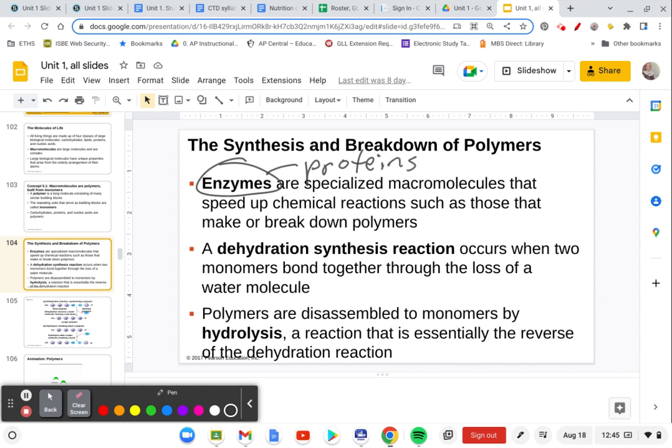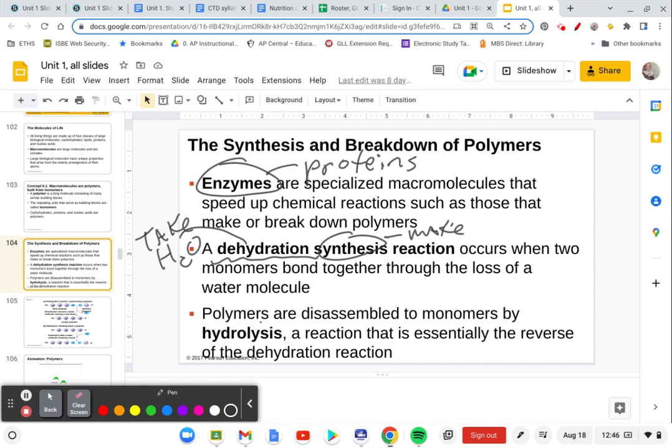If we want to build up a polymer from monomers, we're going to do something called dehydration synthesis. What does that mean? Well, synthesis means to make, and dehydration means to take out or remove water. So that's if I want to make a polymer, I'm going to have a series of dehydration synthesis reactions.